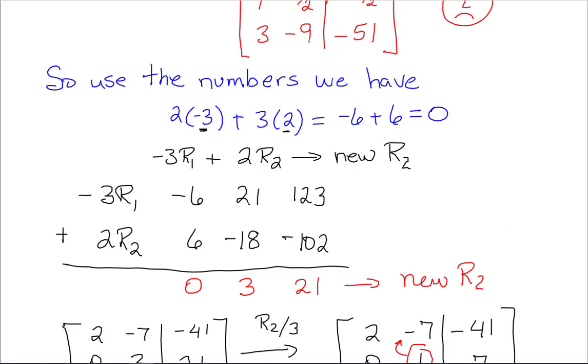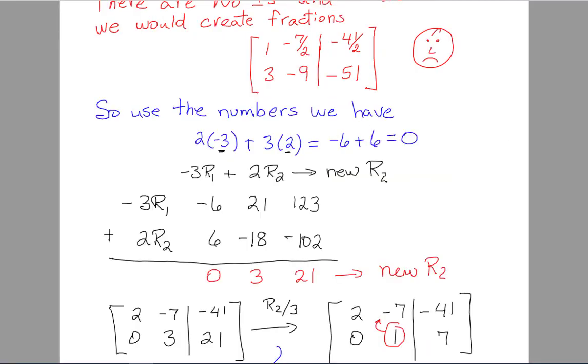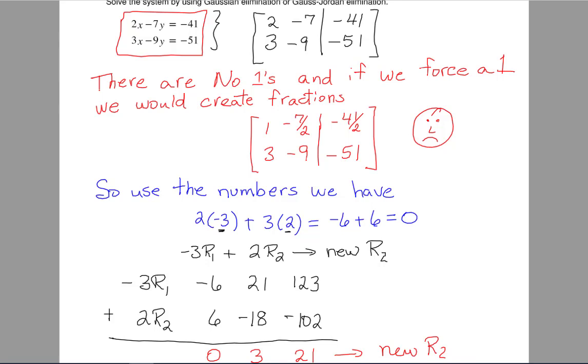Alright, let's see if I can get row 1 back in the picture. Maybe not. Maybe make it a little smaller so we can see it. So here's row 1. I'm multiplying that by -3. So -6, 21, and since it's by -3, a 123.